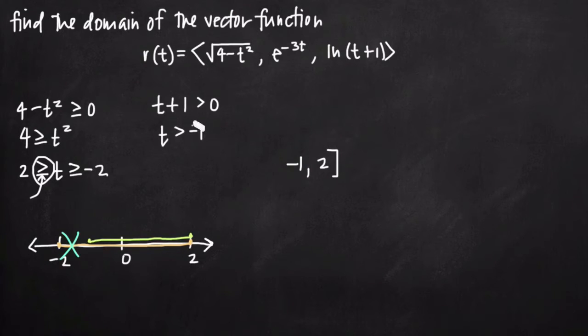Negative 1 is not included, because if we set t equal to negative 1, we'd end up with natural log of 0, which would give us a non-real answer. So we draw a soft parenthesis by the negative 1. This is our domain for the parameter t, and that's how you find the domain of a vector function.